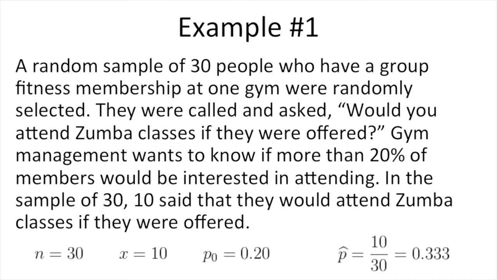From this scenario, we know that n equals 30, x, or the number of successes, equals 10, p sub o, or the proportion that we're testing, the proportion that will be in the null hypothesis, is 0.20, and p hat, our sample proportion, is 10 over 30, which equals 0.333.